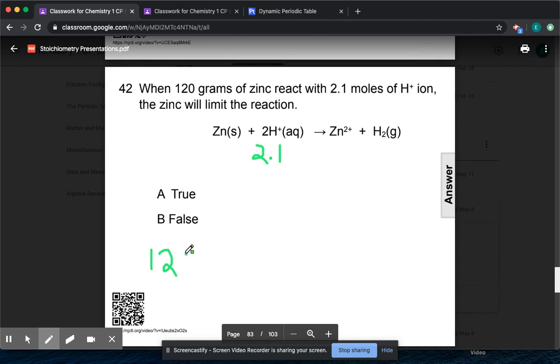So 120 divided by 65.38. That's going to be equal to 1.8, round that to 4, 1.84.